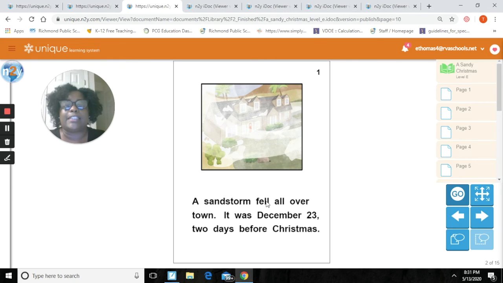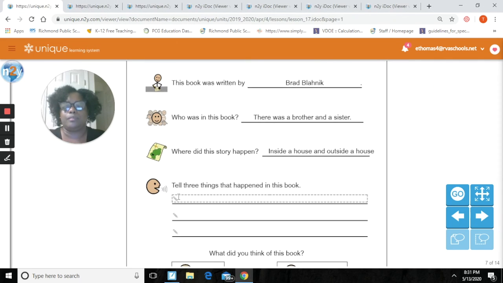It's right here. A sandstorm fell all over town.